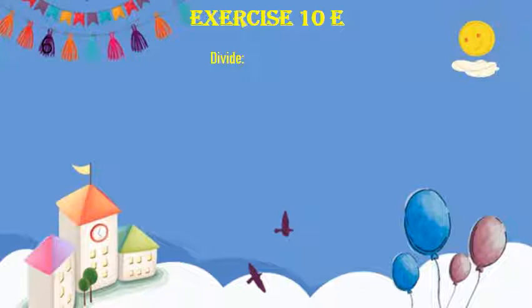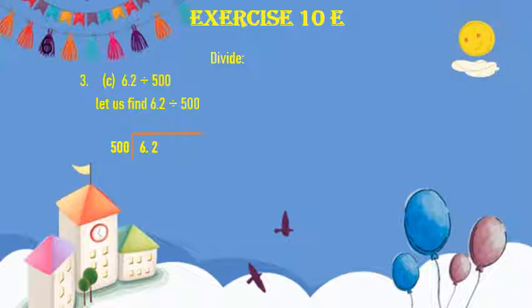Now children, let's do another question, that is C part of question number 3. Here we have to divide 6.2 by 500. So let us find 6.2 divided by 500. Now children, since 6 is less than 500, first we will put 0.